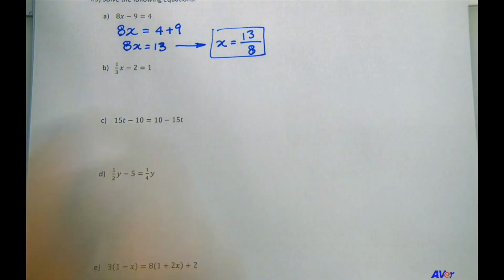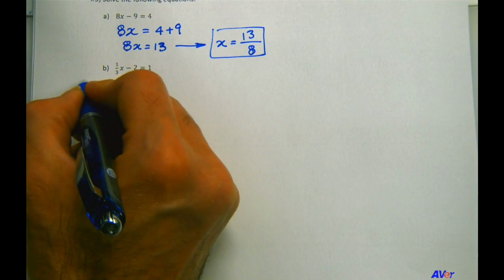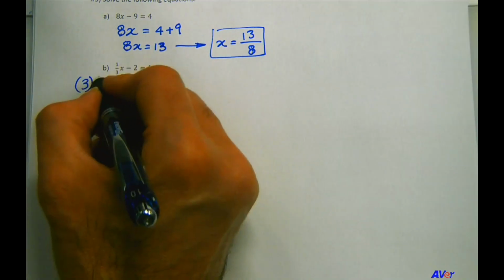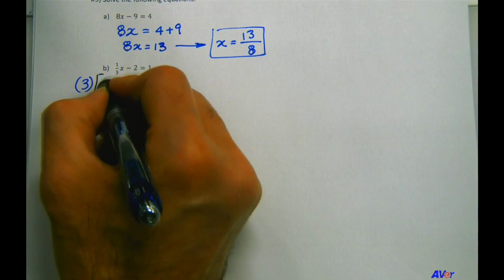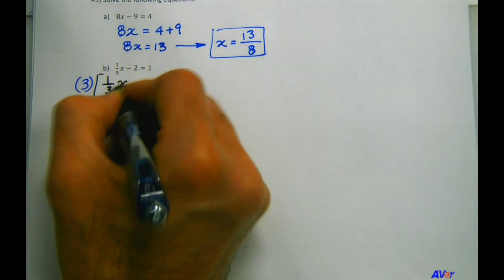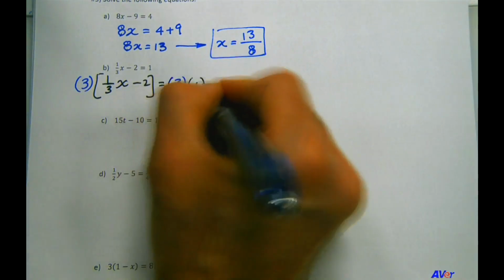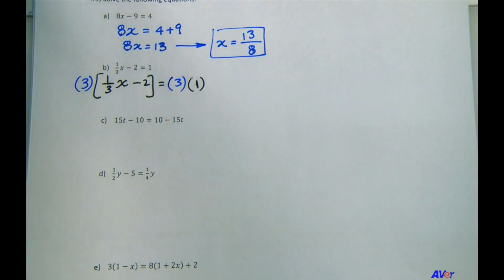So we'll multiply both sides by the term that would get rid of the fraction on both sides. So that times 1/3 x minus 2 equals 3 times 1. Okay, so let's distribute, then simplify.